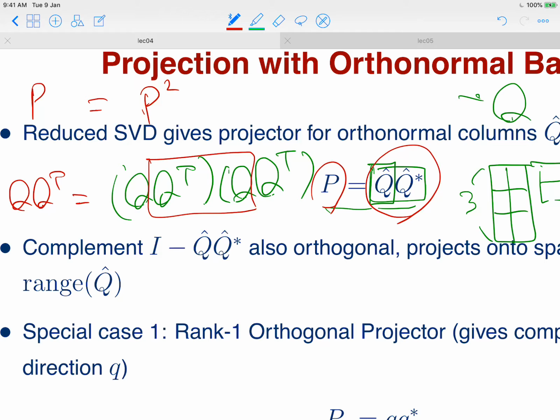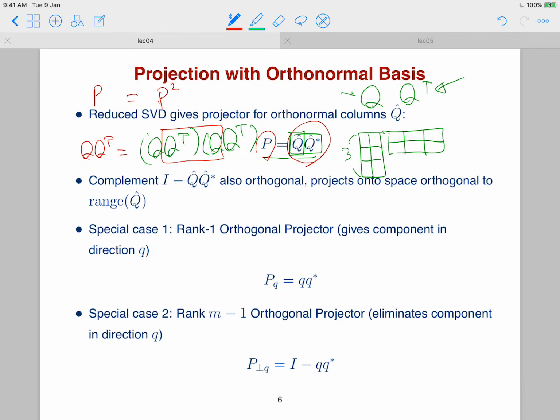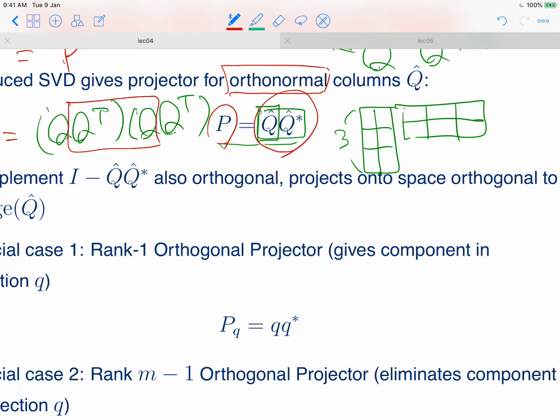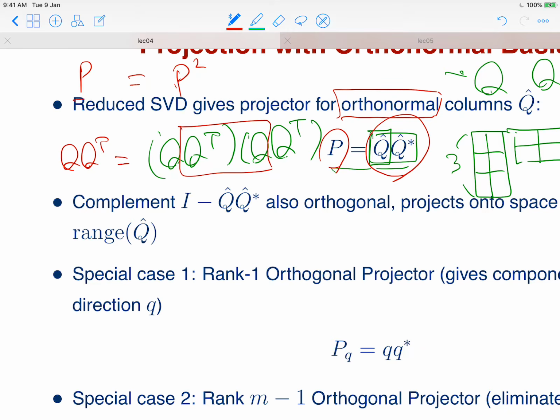So we prove that it satisfies the main property of a projector, and also orthonormal. How can we satisfy this orthonormality? So in this case, we don't need to.